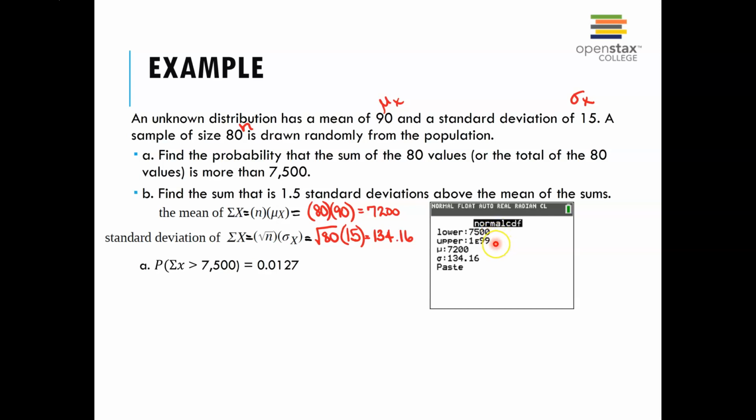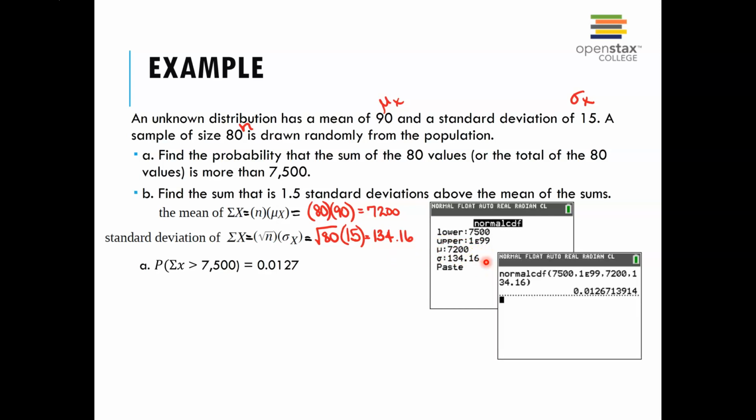And I'd be going to infinity, so my upper value would be 1E99. Our mean was 7,200 and our standard deviation was 134.16. So I throw that into my calculator, and that's where the book is getting this value of 0.0127.